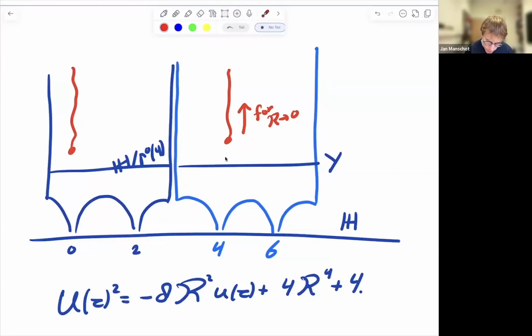Okay, so we will then be integrating over these two domains.